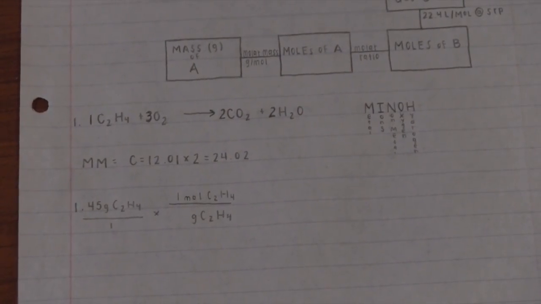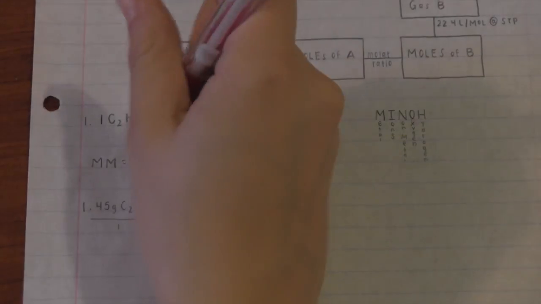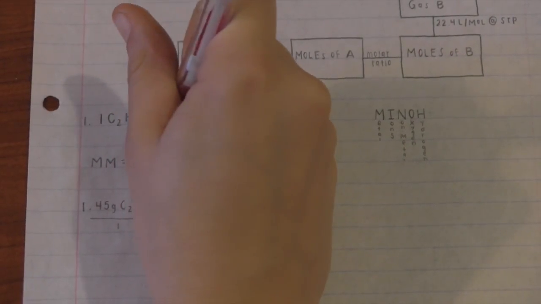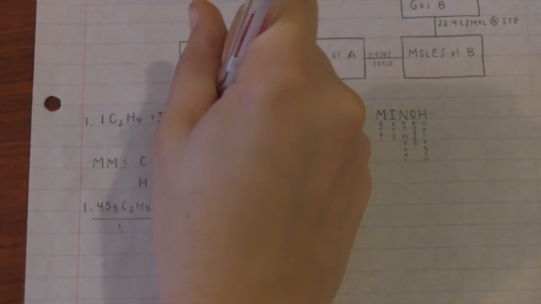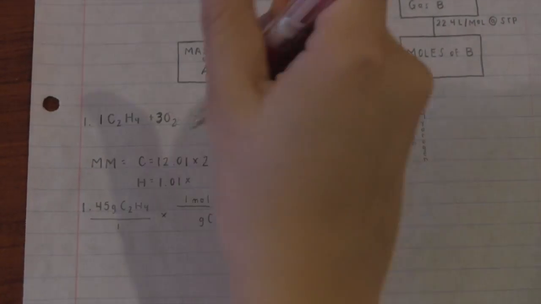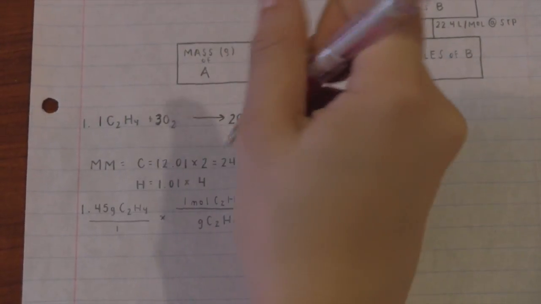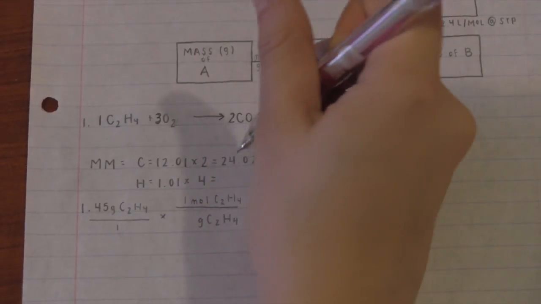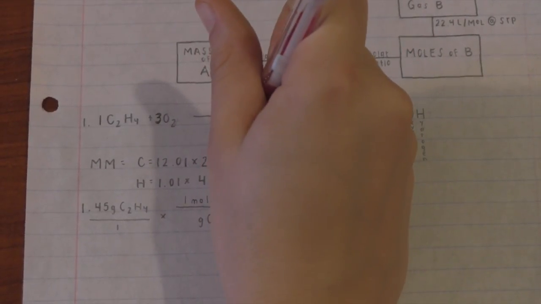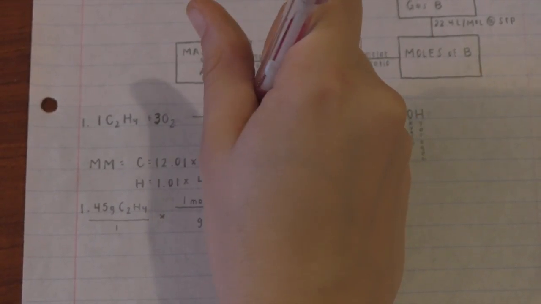The next element in ethylene is hydrogen. The mass of hydrogen is 1.01. Your subscript on hydrogen is also 4, so you have to multiply 1.01 by 4 to find the total mass of hydrogen. This equals 4.04.